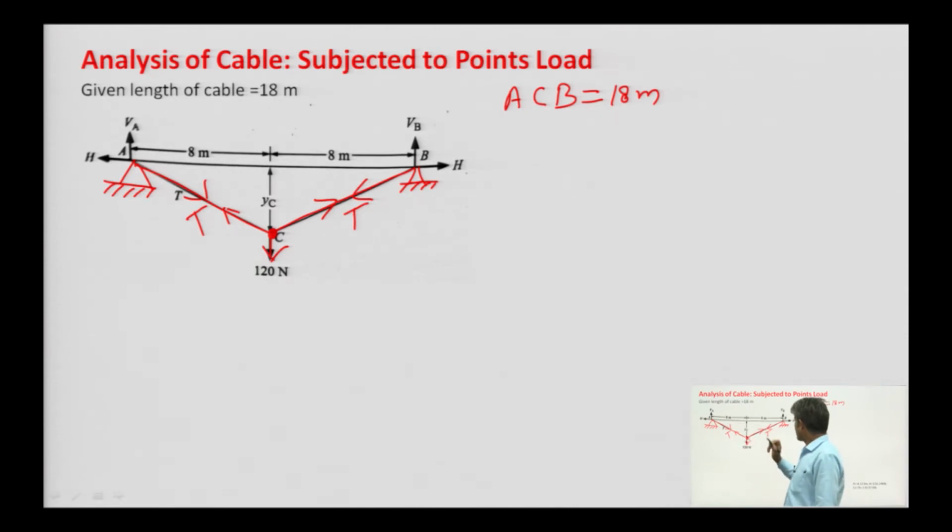So, we need to find the value of T. So, what are the unknowns here? One unknown is the tension T here, and the other unknowns are the support reaction V A, and horizontal reaction H A, and this one H B, this is vertical reaction V B.